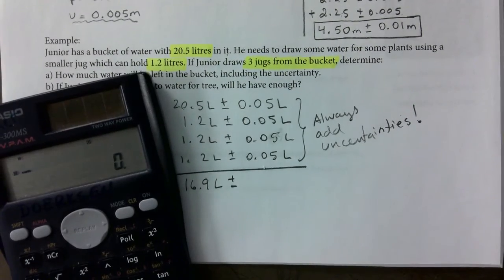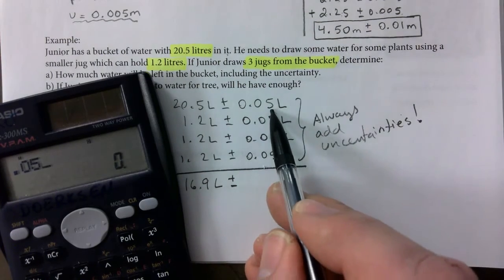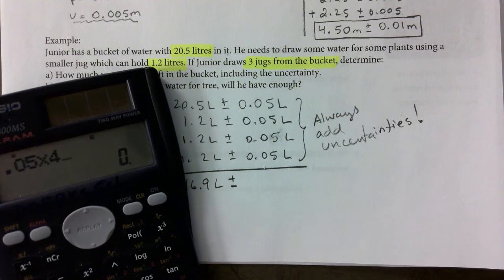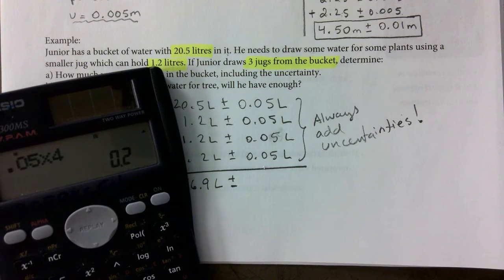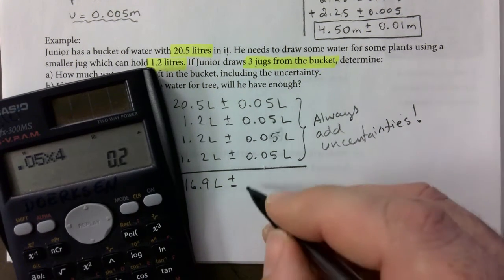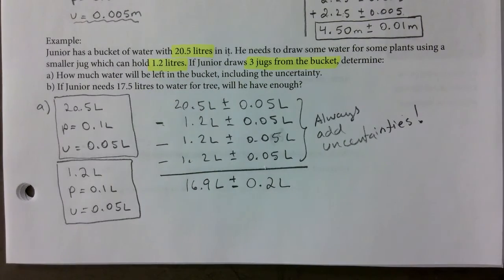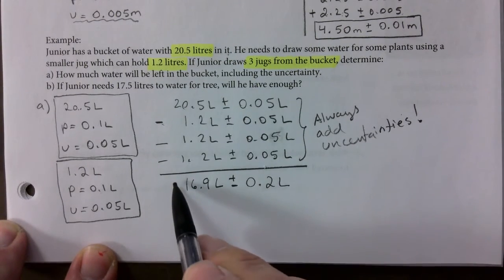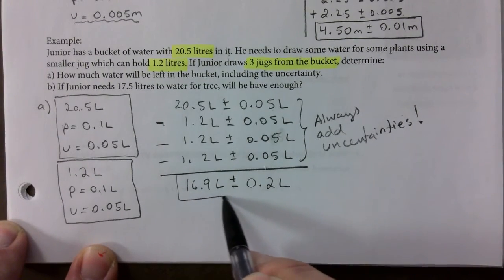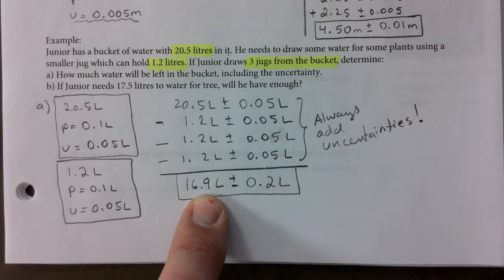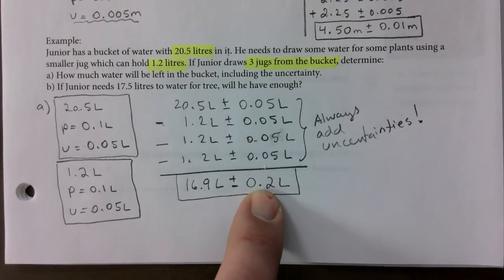I'm just going to go 0.05, like the first one, times 4, because I'm combining 4 uncertainties that are exactly the same, and that gives me 0.2. This is how much water would be left, plus or minus 0.2 liters.